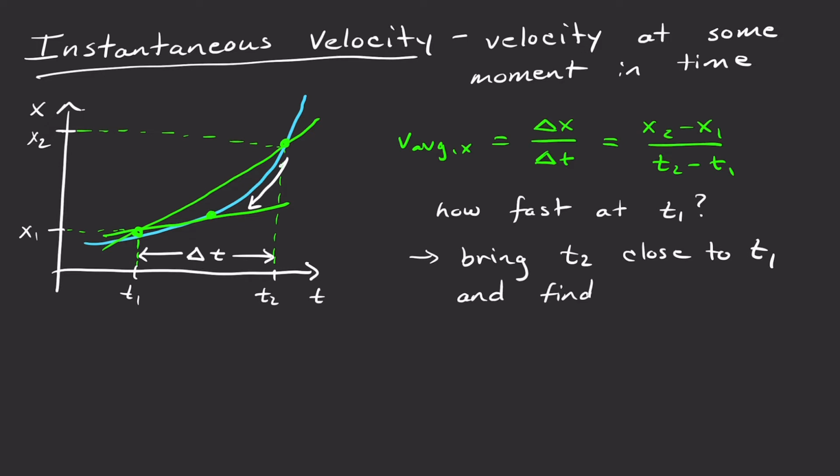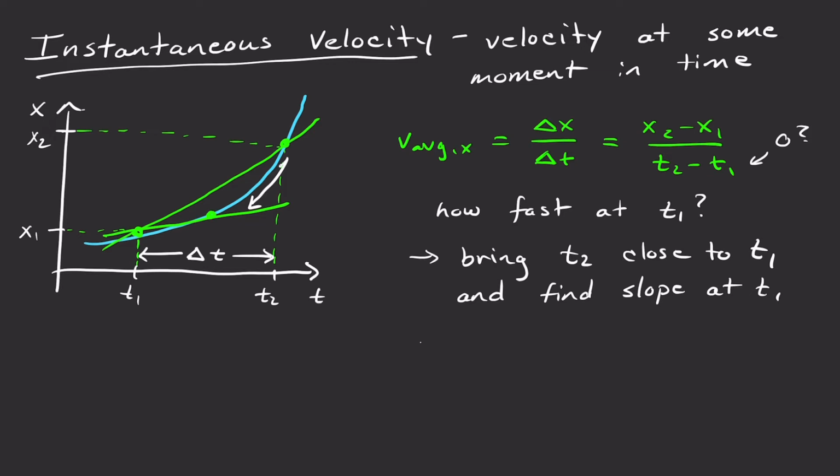And then you want to find the slope at t1. And the reason why we have to visualize this is because if t2 equals t1 exactly, then this would equal 0. t2 minus t1 would be 0, and we're not allowed to divide by 0.